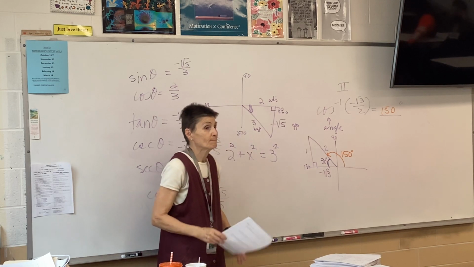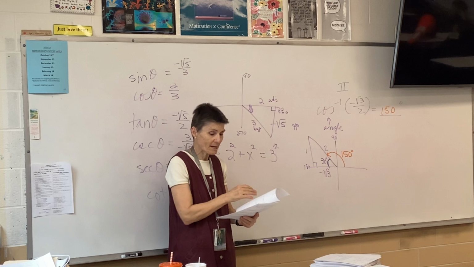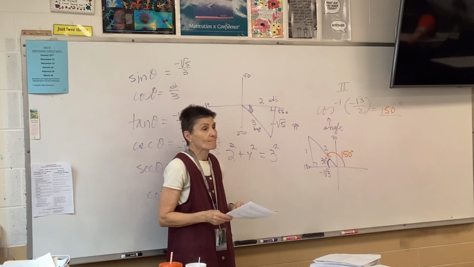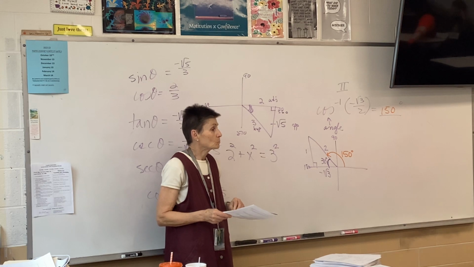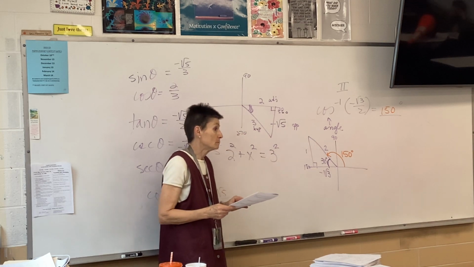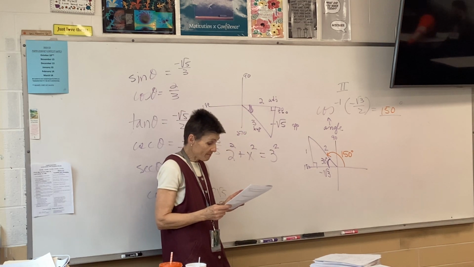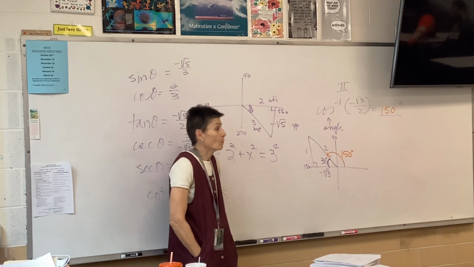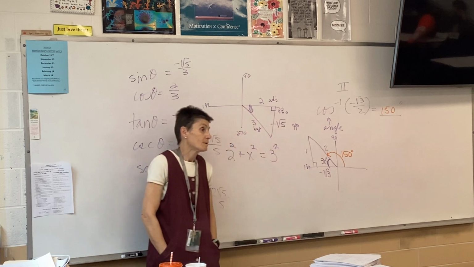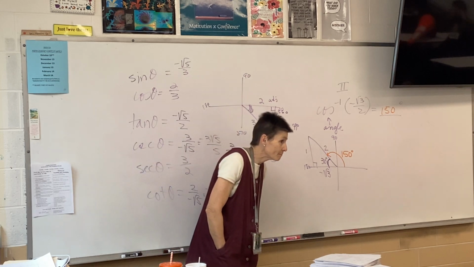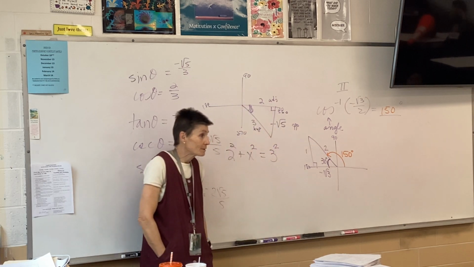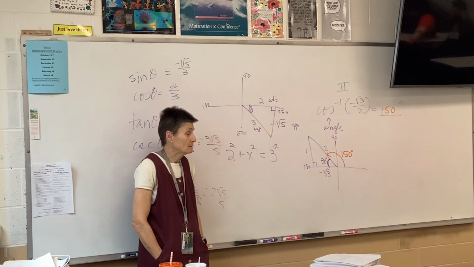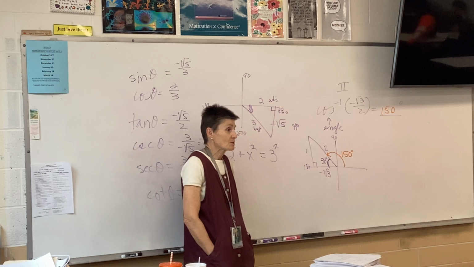Good, who else? Another question, it doesn't have to be the first page, it can be any page of the practice. What quadrant is 5A? What quadrant's it in? What'd she say? A circle. No, it's not a circle. It's quadrant 1.